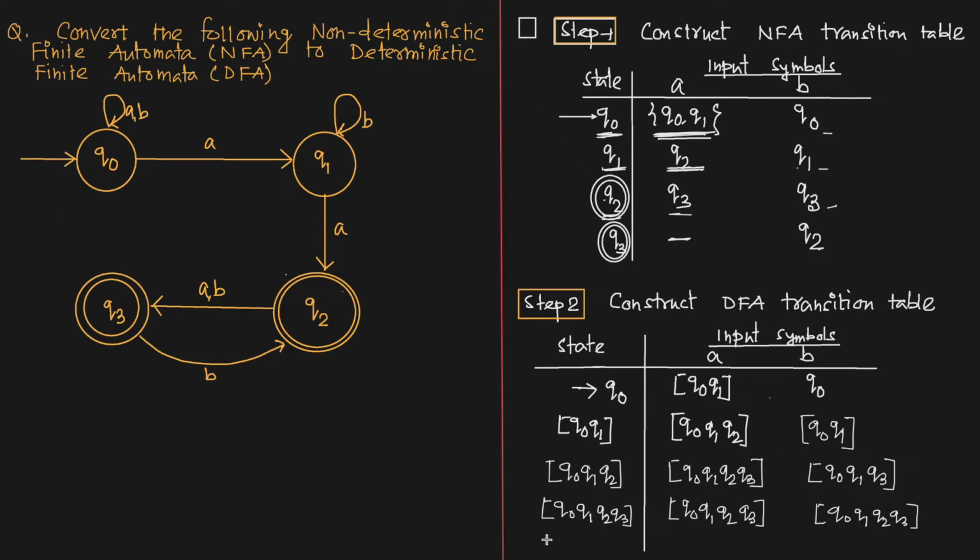Q0, Q1, Q3 on A: for Q0 on A it is Q0, Q1, for Q1 on A it is Q2, and for Q3 on A it is empty. Just taking the union, Q0, Q1, Q2. So clear? Just taking the union.